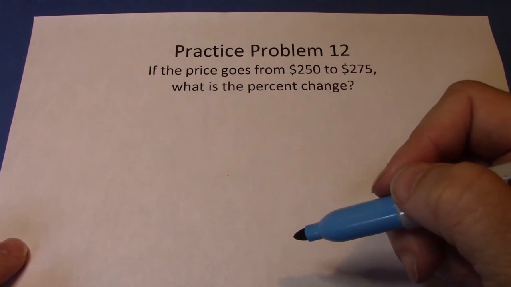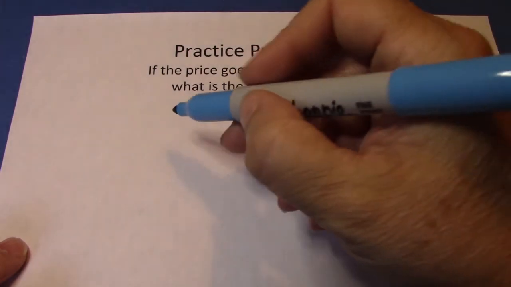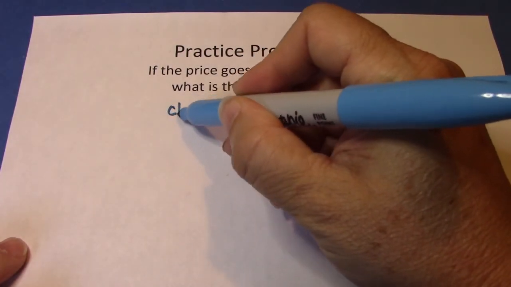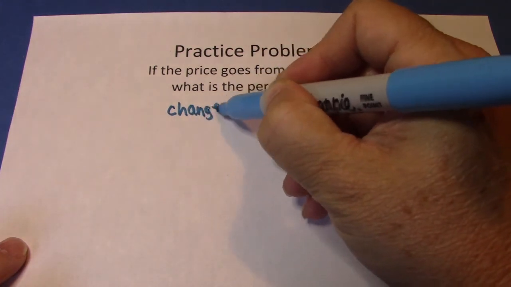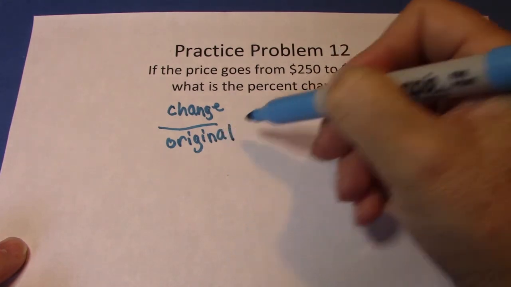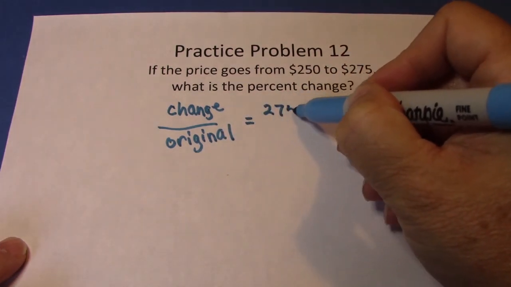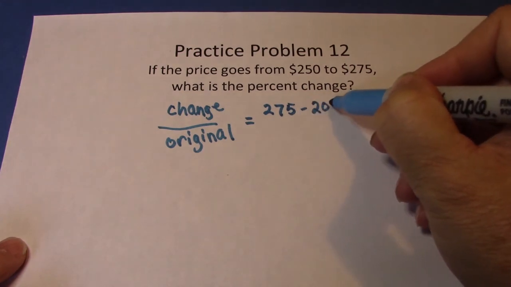Problem 12 says, if the price goes from $250 to $275, what is the percent change? Well, remember the percent change is change divided by original. The change is the new price minus the old price.